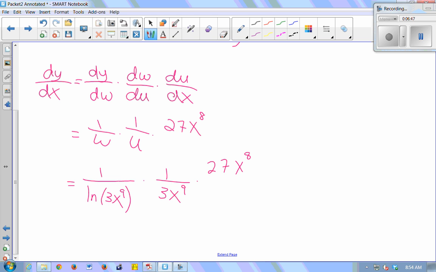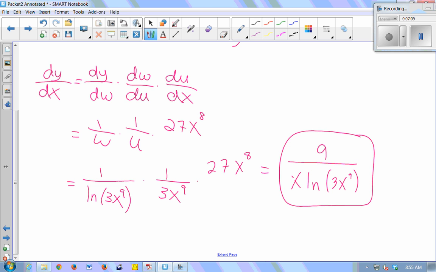This is exactly what I got. But I can use Leibniz notation to make it more formal, to have something to fall back on when I lose intuition. So this simplifies the same to 9 over x ln 3x to the 9th.